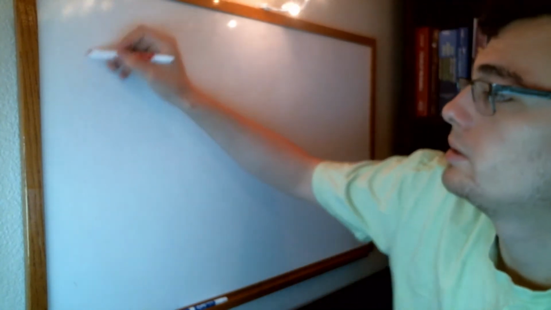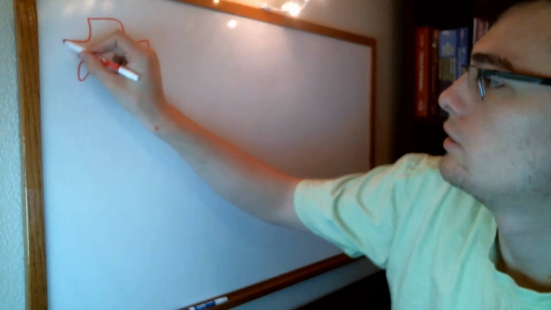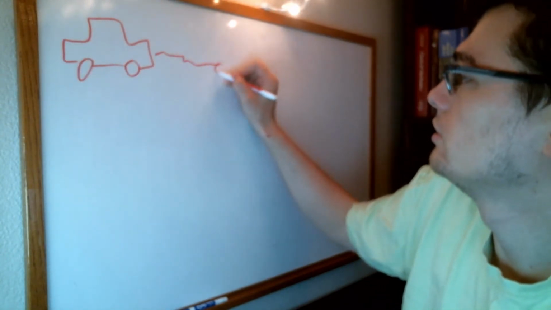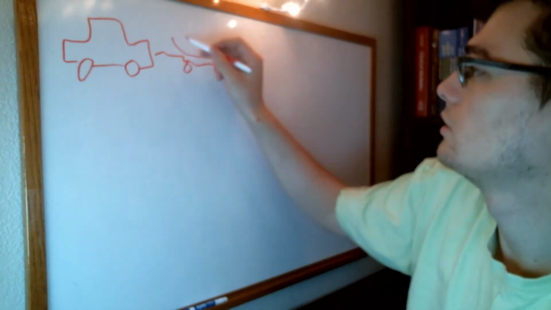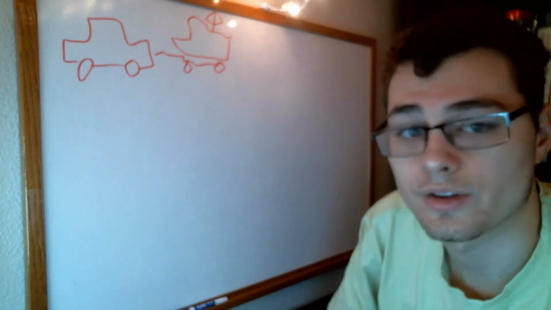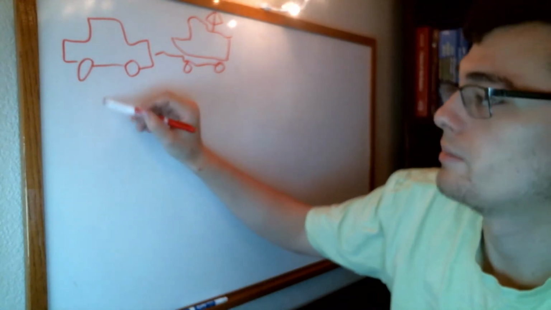So next up, we got a car, and it's going to pull this boat here. I'm just going to draw that as a sail there. And so now we know the mass of the car.